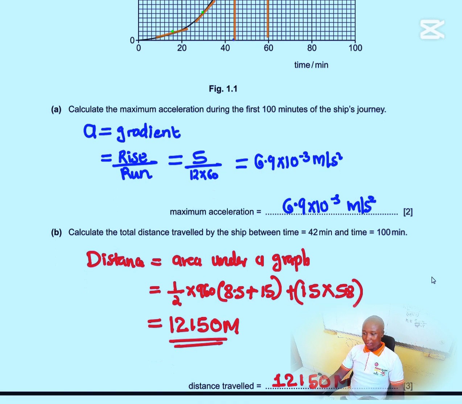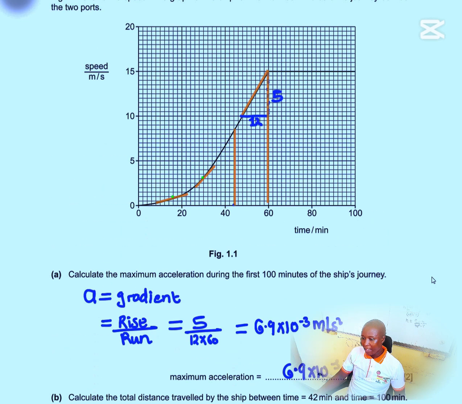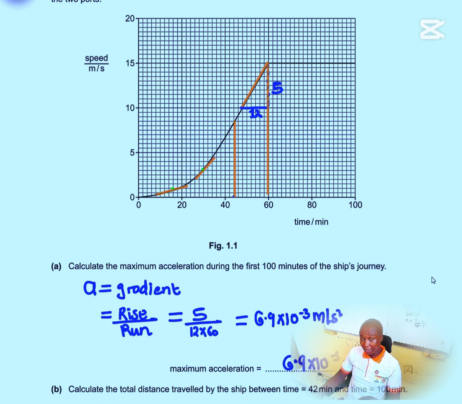And we were supposed to calculate the total distance. I mentioned that from a velocity time graph, or this speed time graph, the area under the graph represents the distance covered. So don't use the formula that distance is speed times time in this part. If you are given a graph, remember the area under that section represents the distance covered.